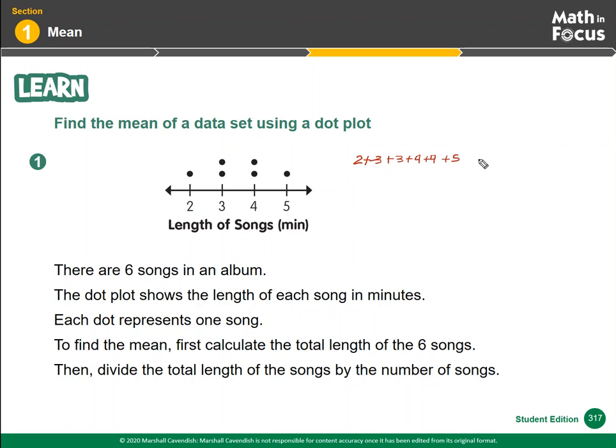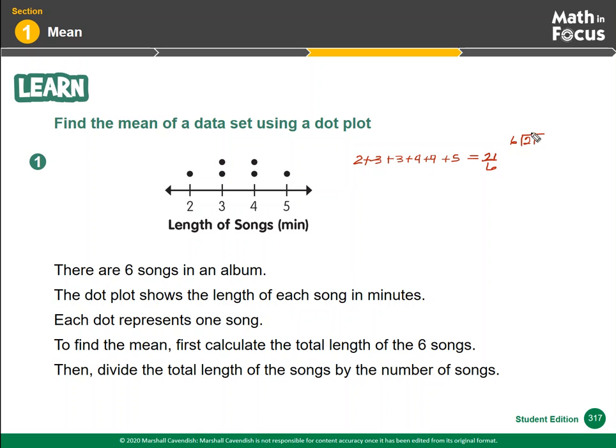I would add all that up. 2 plus 3 is 5, plus 3 more is 8, and then 4 and 4 is 8, so 8 plus 8 is 16, plus 5, that's 21. And there were 6 songs, so then I have 21 divided by 6.